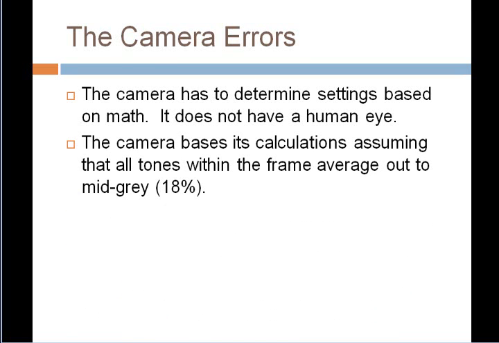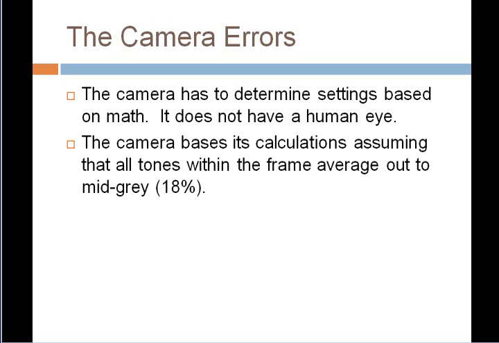One thing that it does, and understanding how this works will help you in fixing your photos, is that the camera bases its calculations assuming that all tones within a frame average out to mid-gray, or 18%.